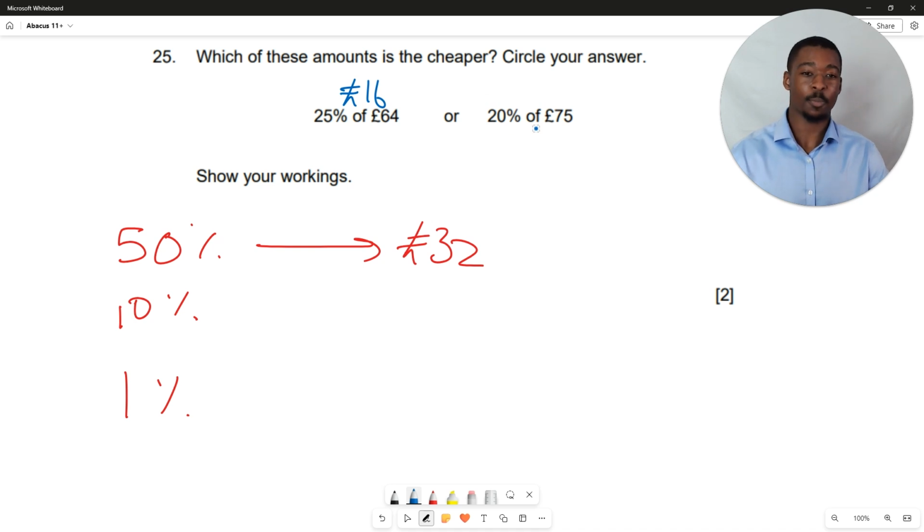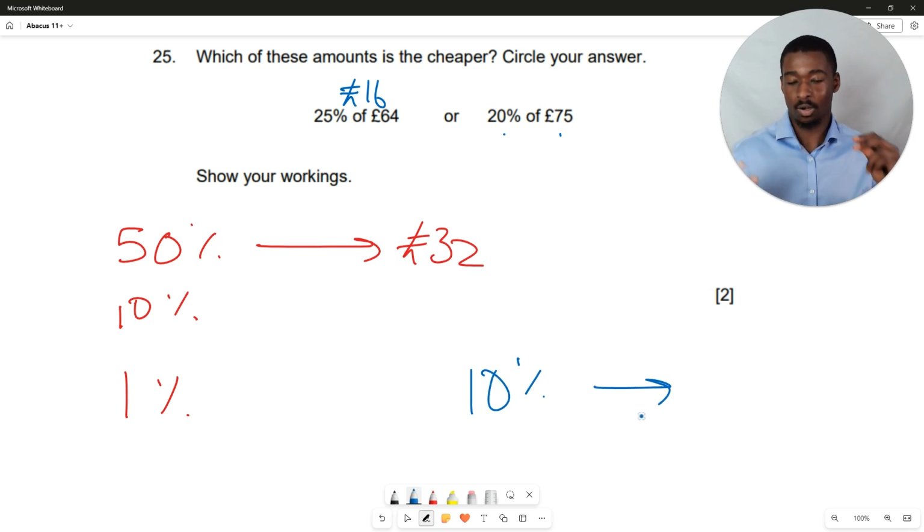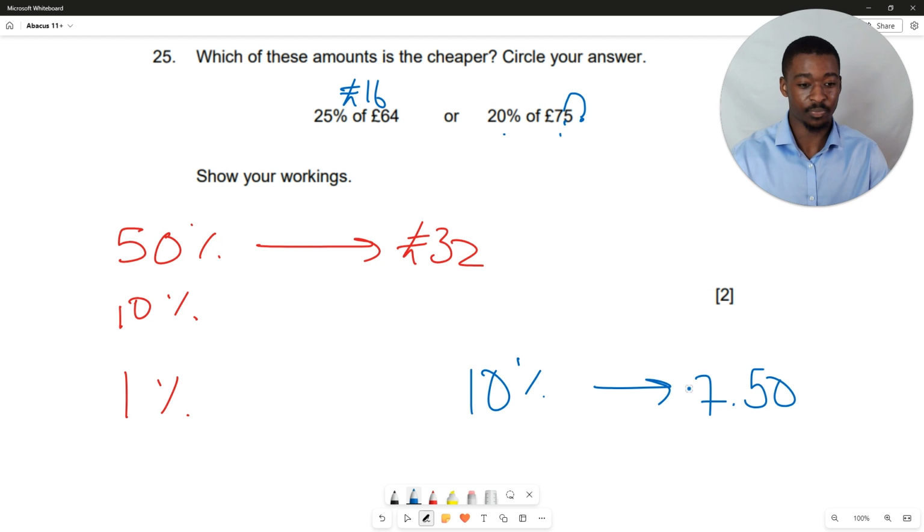And even easier on the right-hand side, because we have 20% of 75. Well, we know 10% is a standard percentage. We can work it out very quickly without much calculation, without much thought. That's going to be simply dividing by 10 or doing one bunny hop back, giving us £7.50.